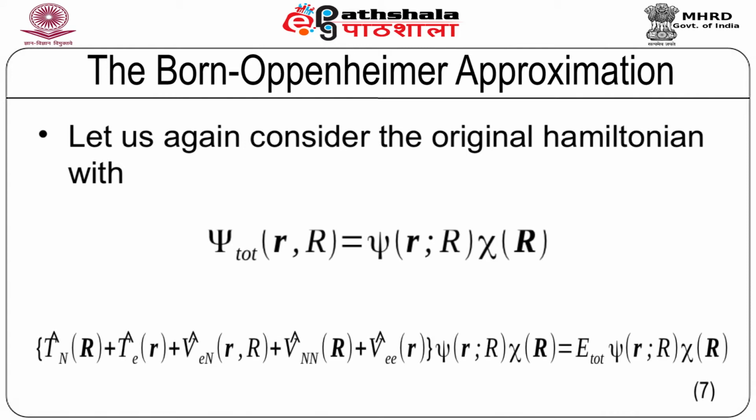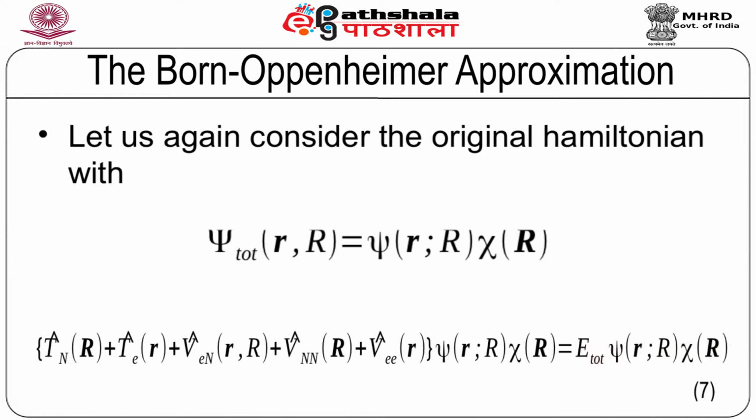And when we operate this with the total, original Hamiltonian, we get the total energy eigenvalues, E_total ψ(r,R) χ(R).